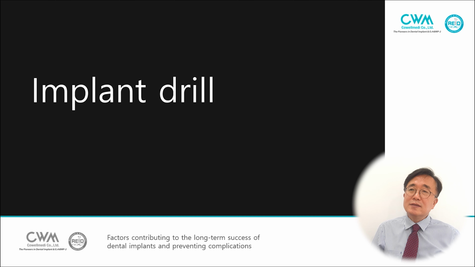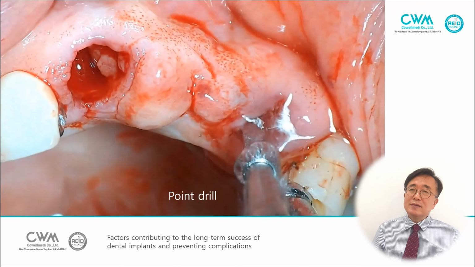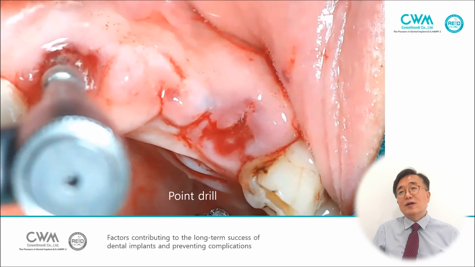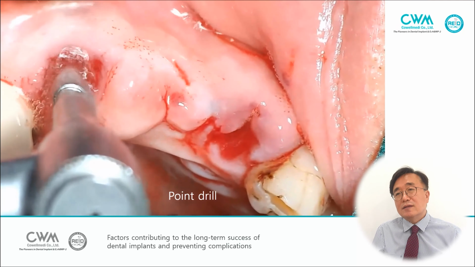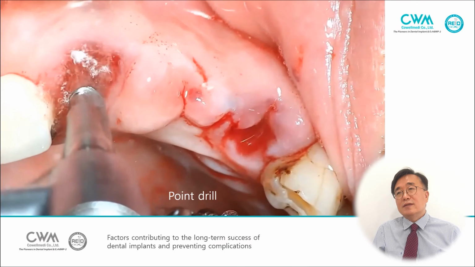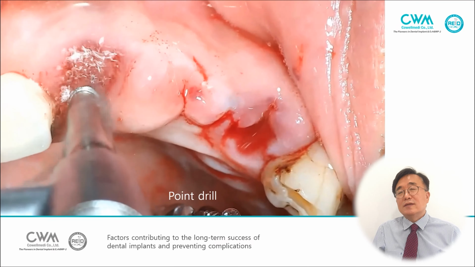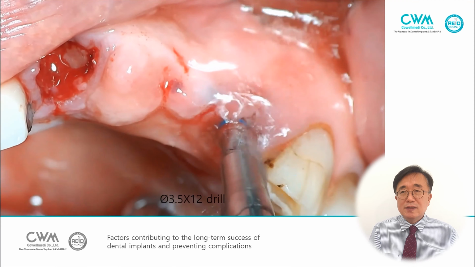First, the implant drilling. So the lingual wall is penetrated with the pointed drill in 2 sides. And with the 2.2 drill, you have to check the drill depth with the stopper. We can maintain 4 mm depth from the gingival crest.